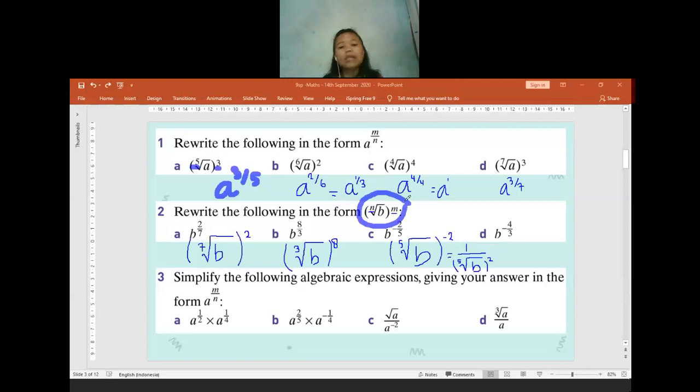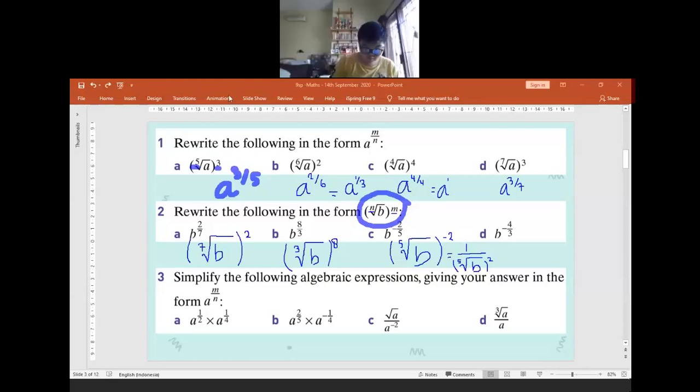But usually, just in case the question wants the answer in the positive power, we can change it into a fraction. So it will be 1 per fifth root of b to the power of 2. Do you still have any question, Mike, or anything? No, teacher. Okay. How about the others? Is there anyone having any confusion?